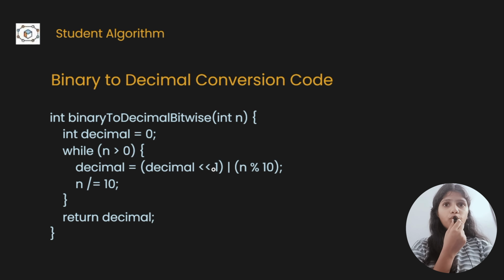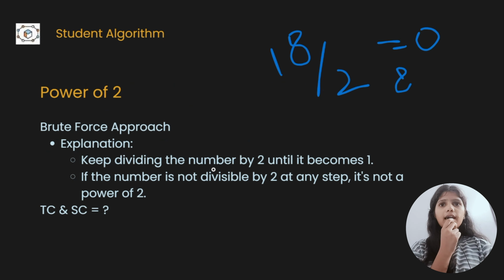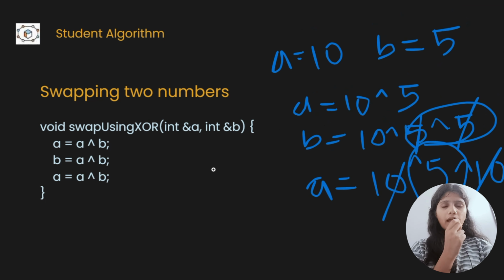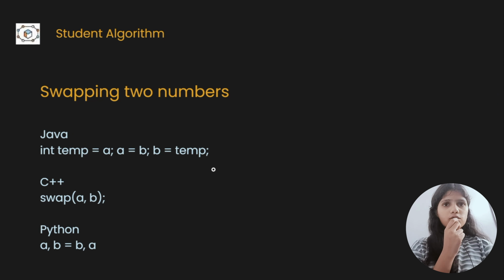You write brute force, and also find standard libraries useful for these conversions. Later we covered power of 2, and lastly how two numbers get swapped using plus and minus and XOR operators. So this is all we have learned.